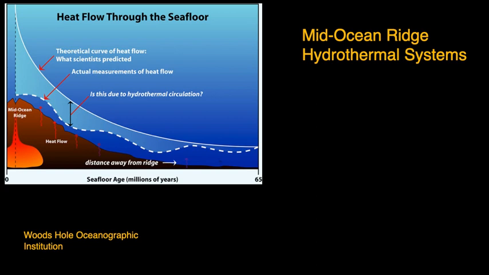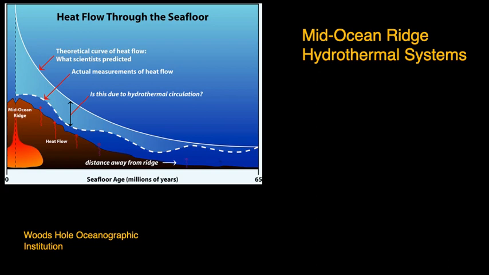Let's move from the continents to the oceanic lithosphere and consider the circulation of fluids around mid-ocean ridges. This figure shows a schematic plot of heat flow as a function of the age of the seafloor from the youngest material forming at the mid-ocean ridges out to 65 million years.